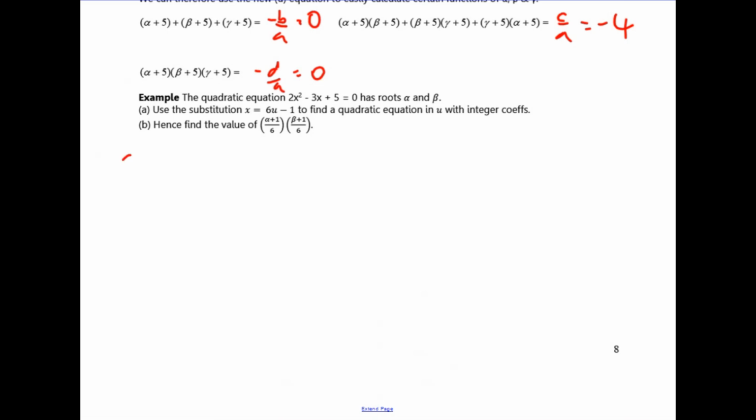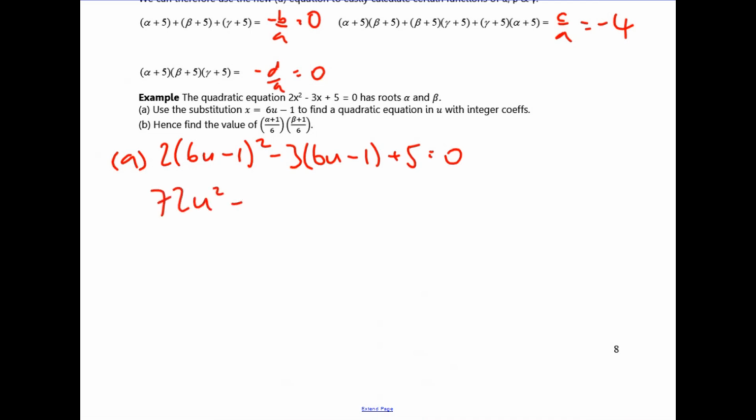So first off, we're being asked to use a substitution to transform this equation. So literally again, I'm just going to substitute in 2 minus 1. Expand this out, so I'll get 36u squared times 2 is 72u squared. So I get minus 12u for that's what I see, and I'll get 1 minus 2.